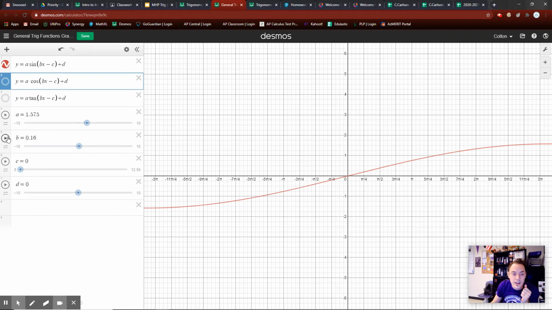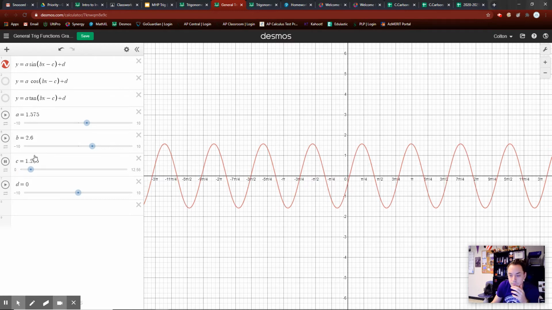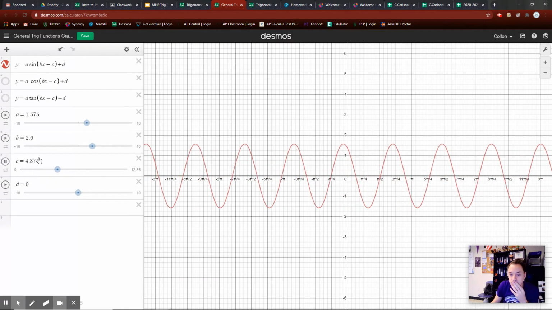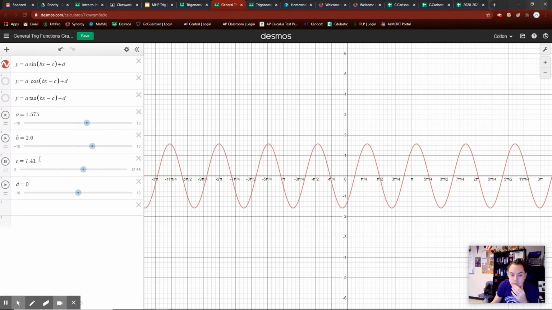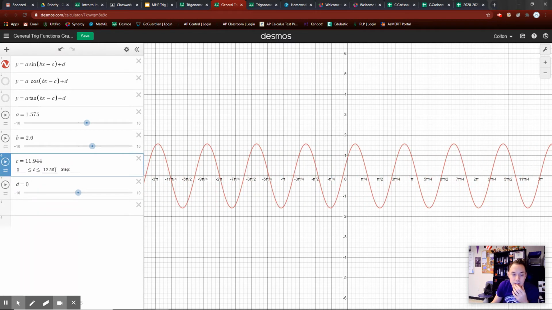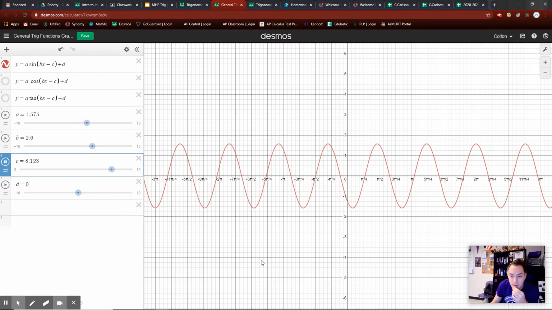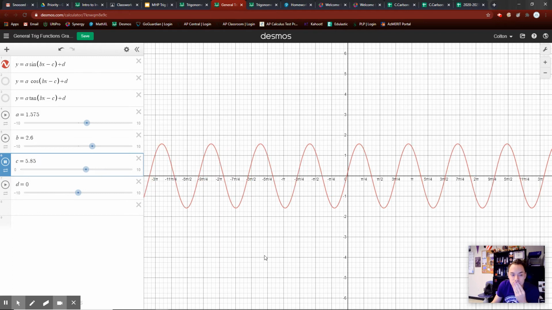What do you think the C value does? Think about what it does. Actually, this is a weird step. Look at that. That's garbage. Okay? Think about what it does. What do you think?